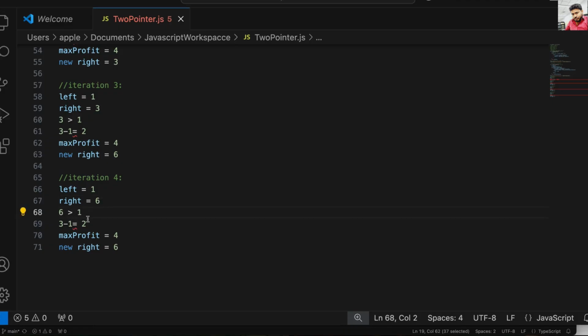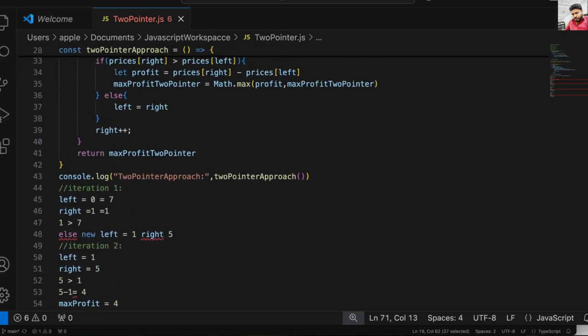So the condition will be satisfied. 6 minus 1 is 5. We are getting the profit value, and we compare this profit value with the max profit. Max profit is 4 only, but current profit is 5. So we need to update the max profit value because it is bigger than the max profit.